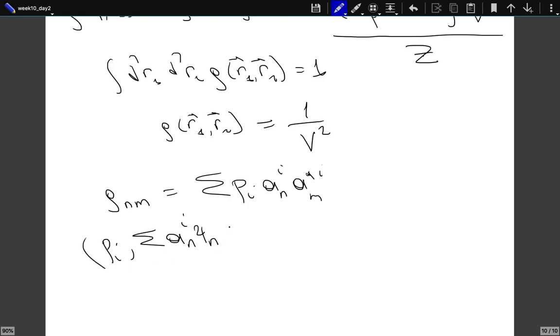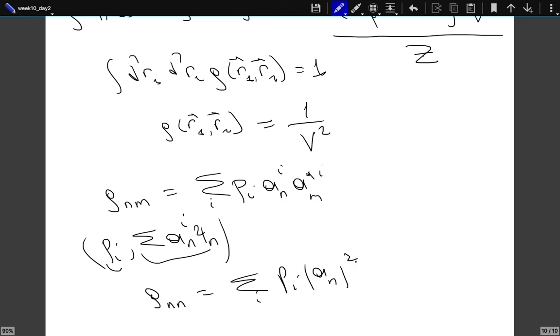If my system is in this state with a probability p_i, then this is my probability density. What are the diagonal elements? Rho_nn is the sum of p_i times the average of |a_n^i| squared.